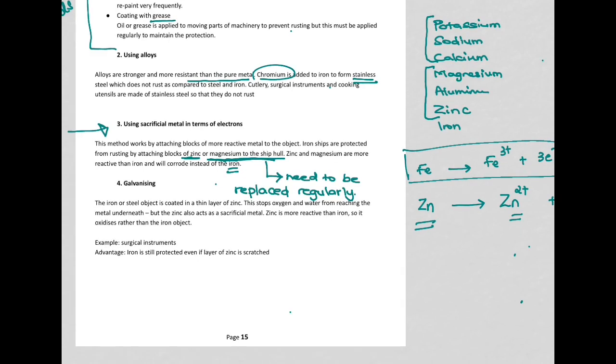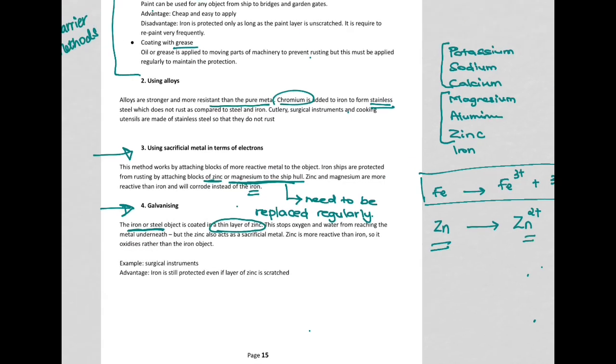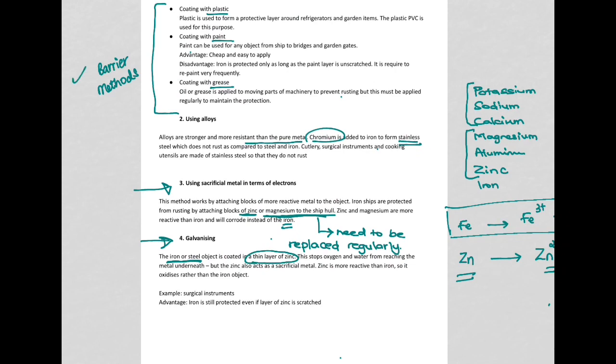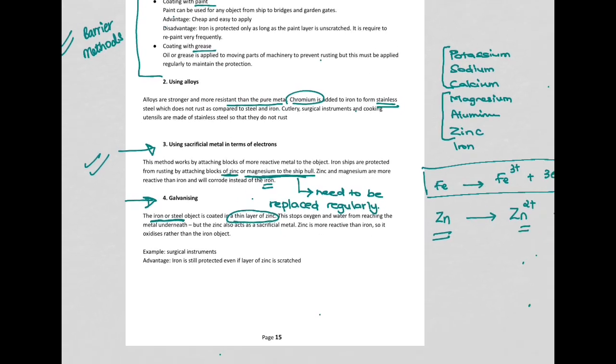Another method is called galvanizing. Galvanizing means that the iron or the steel is coated with a thin layer of zinc. This acts as a barrier and at the same time offers sacrificial protection. Let's say this is the iron, and on top of that you have the layer of zinc.